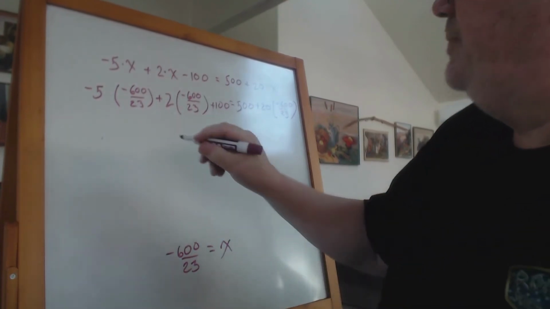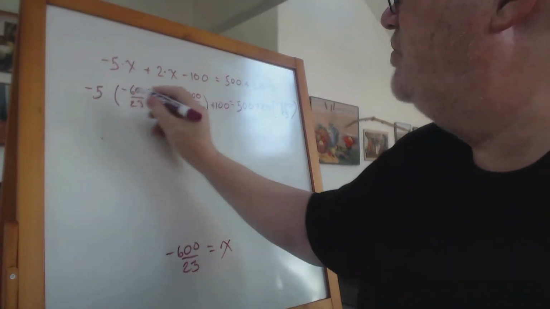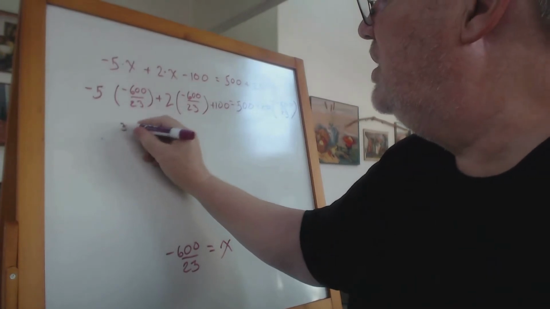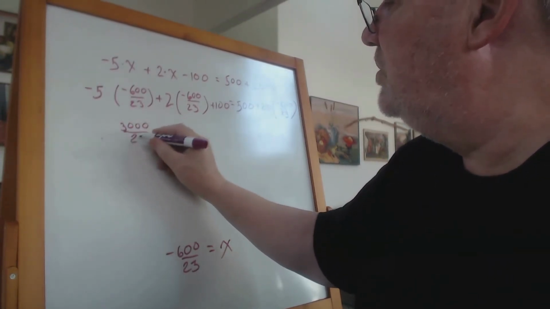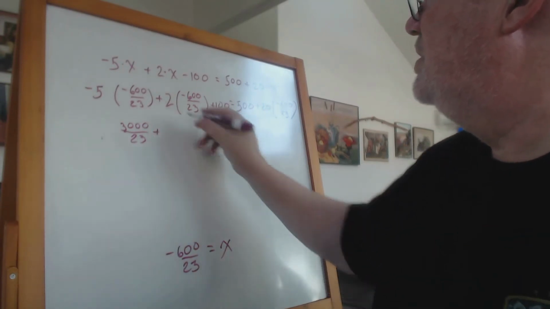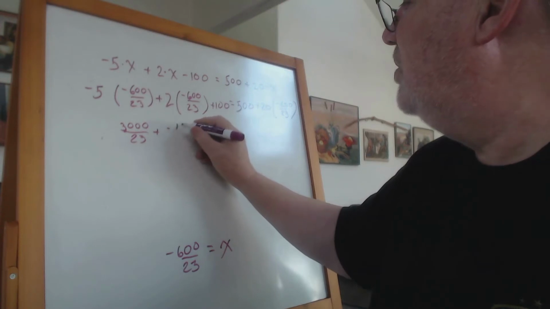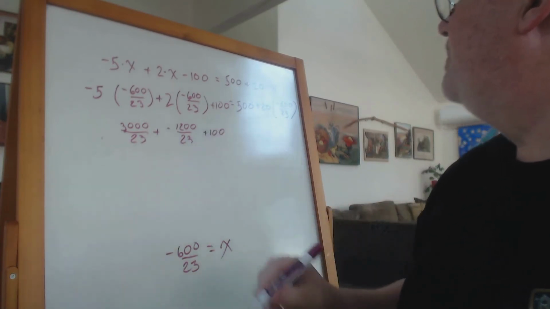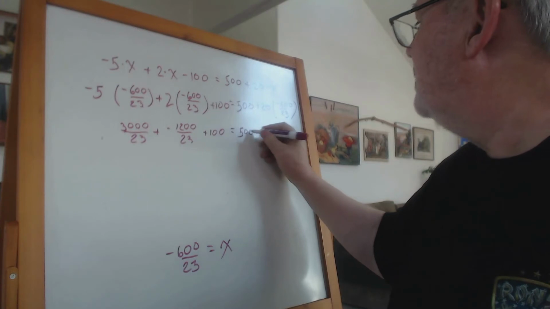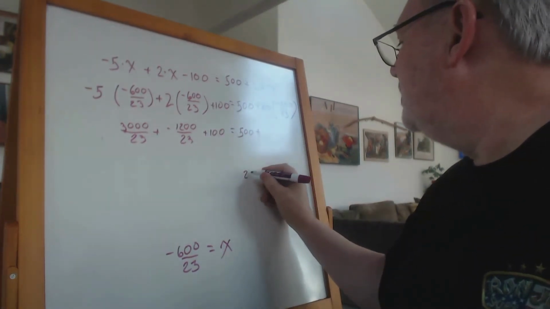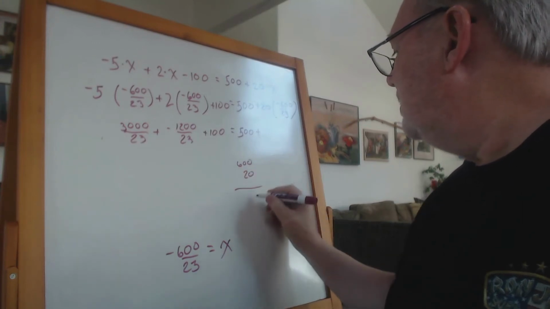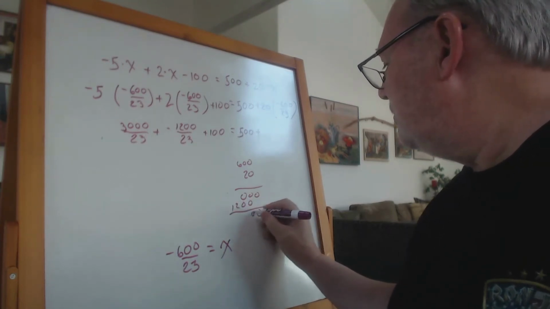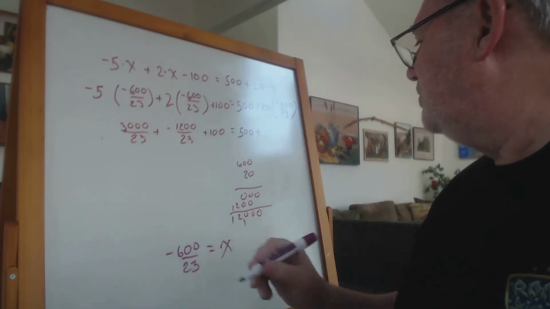Okay, well, here we have minus 5 times minus 600, so that's 3,000 over 23 plus, that's minus 1,200 over 23 plus 100 equals 500 plus, okay, 20 times 600. That's 12,000.